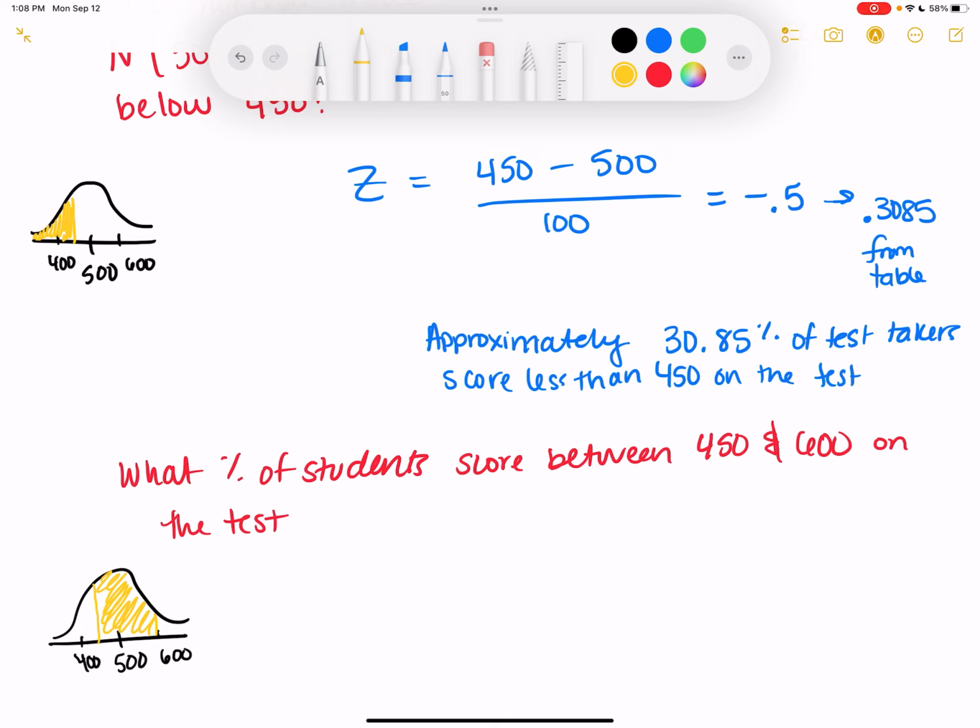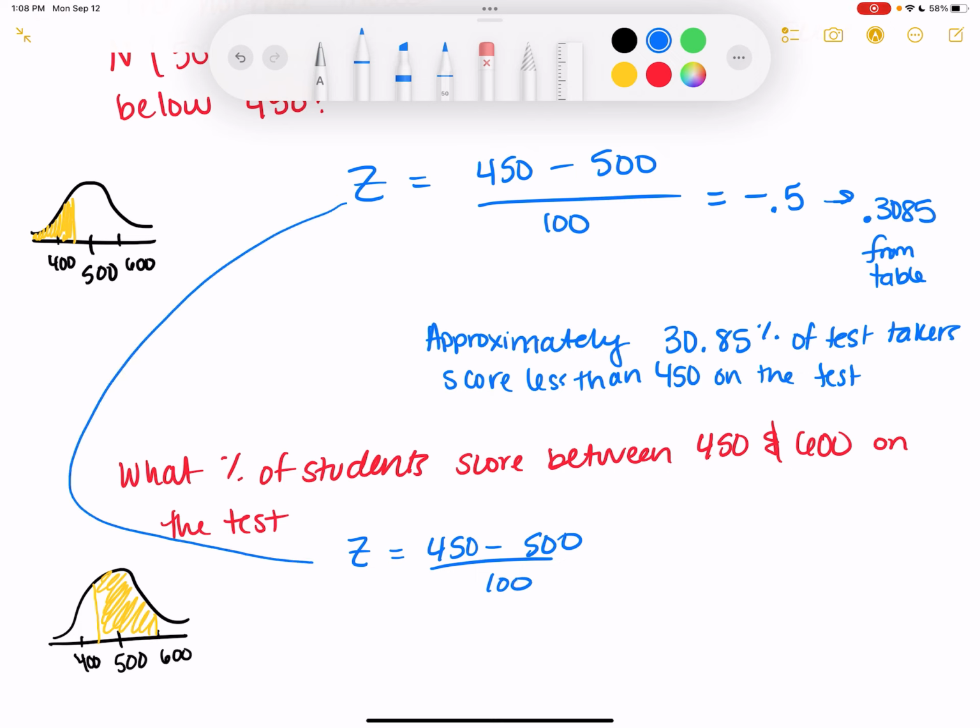So we would still have to find the z of the 450, 450 minus 500 over 100, and get that value from the table. So I'm just going to draw an arrow there so we don't actually need to write it again, which is just going to be the 30.85%.